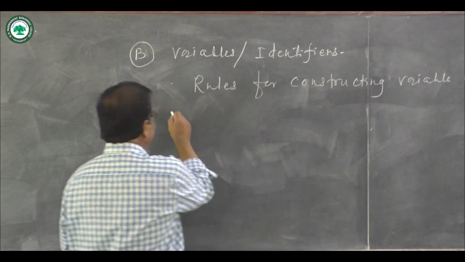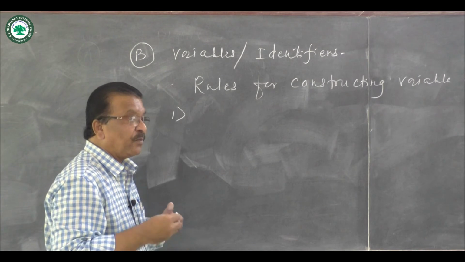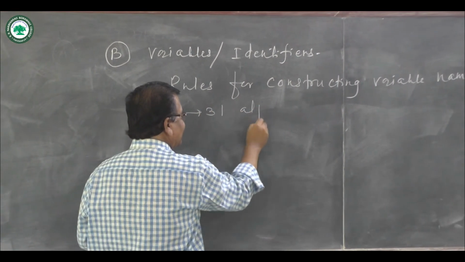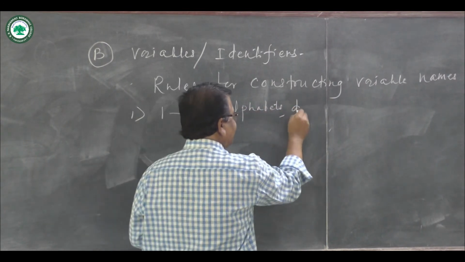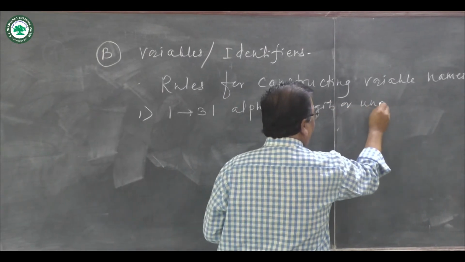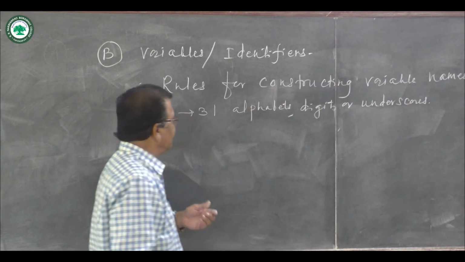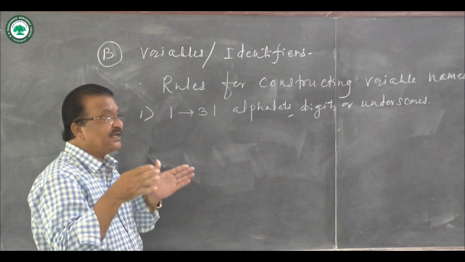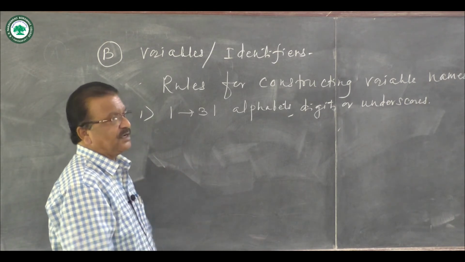The first rule is that a variable name is any combination of 1 to 31 alphabets, digits or underscores. There will be a maximum of 31 characters. Characters may be either alphabets, digits or underscore.